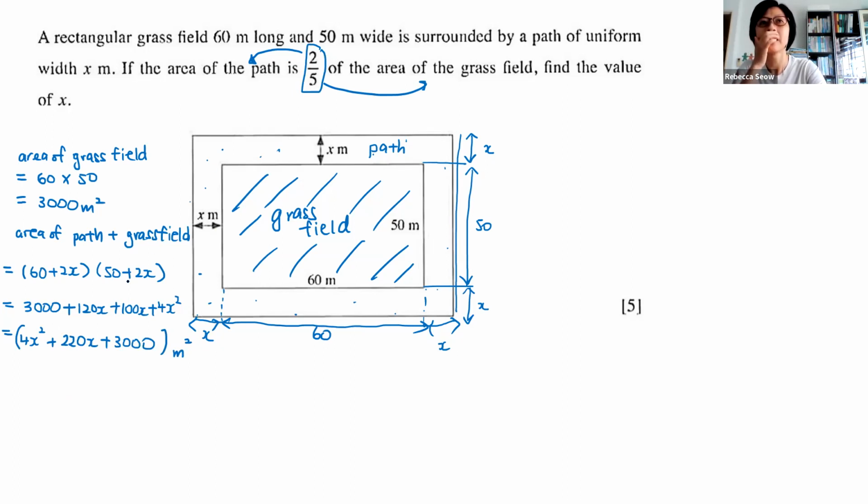Okay, now can we find the area of the path now? The area of the path is equals to the area of the path plus the grass field, subtract the area of the grass field.